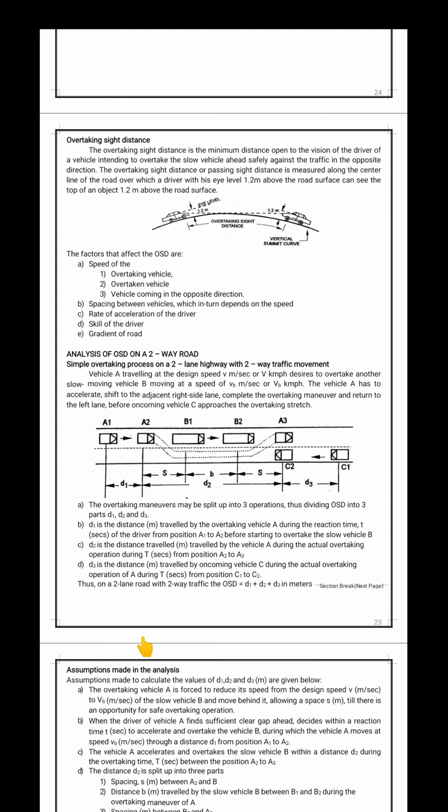Thus on a two-lane road with two-way traffic, the overtaking sight distance is equal to d1 plus d2 plus d3. In general, whenever a driver is to overtake, he checks whether any vehicle is coming from the opposite side or not.